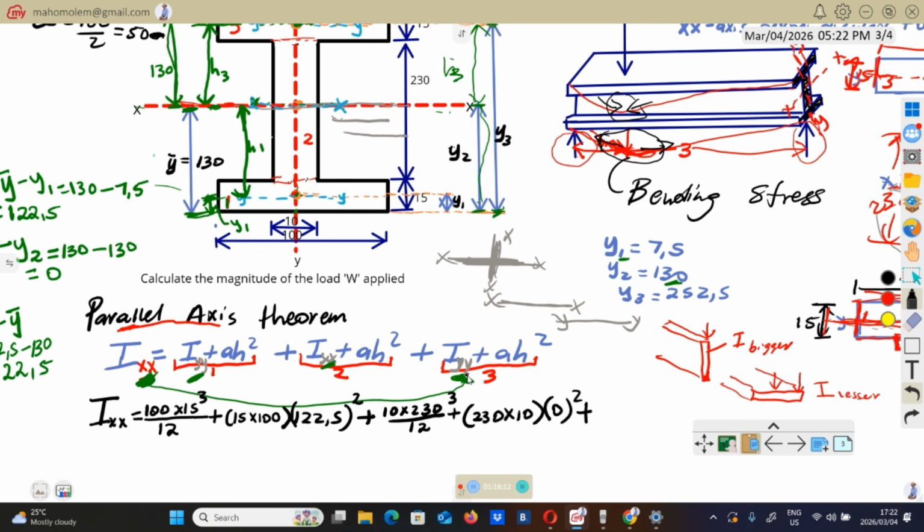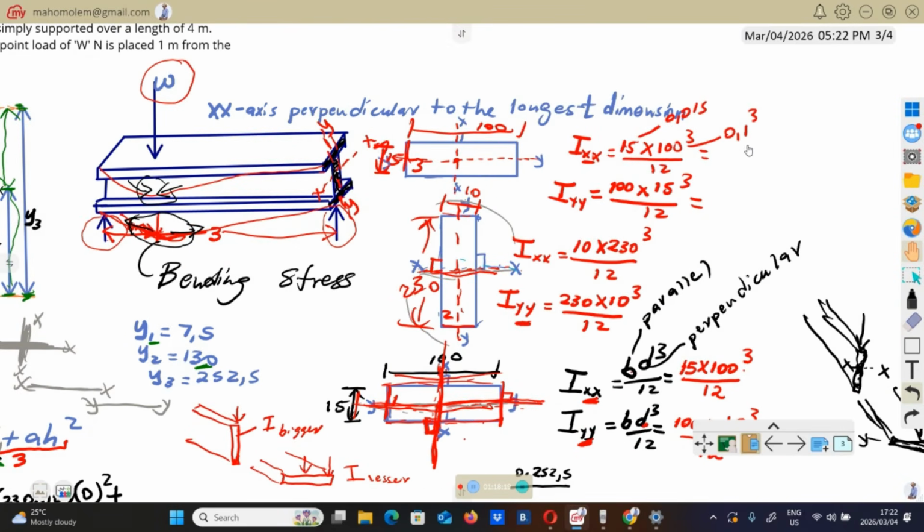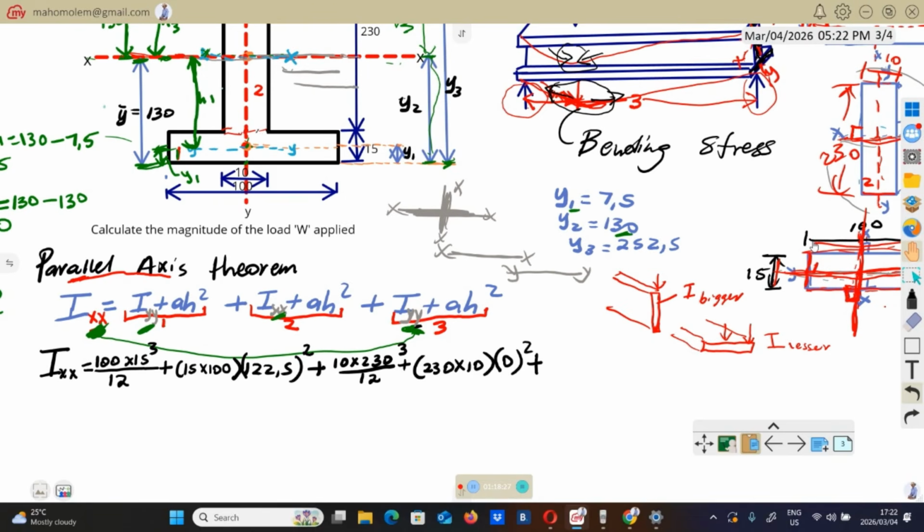We come here now. IYY for number 3. Here's number 3. IYY is this one, 100 by 15 cubed over 12. Plus the area for number 3 is 100 multiplied by 50.